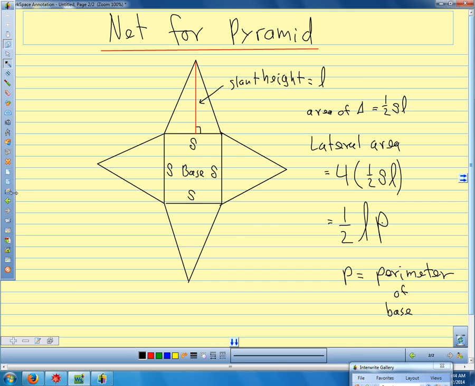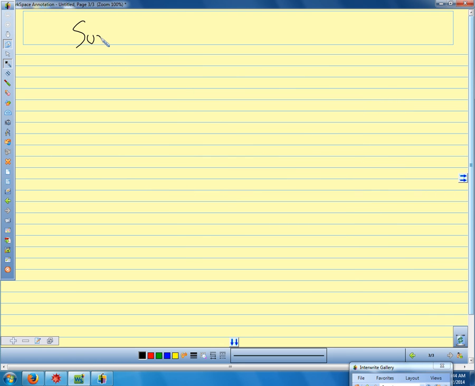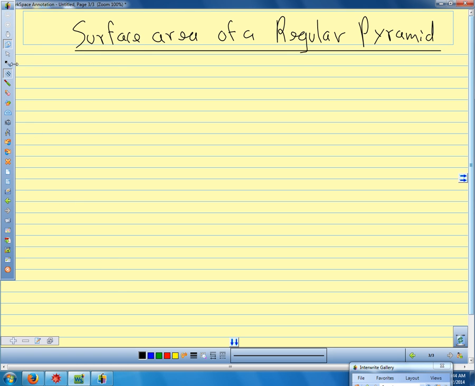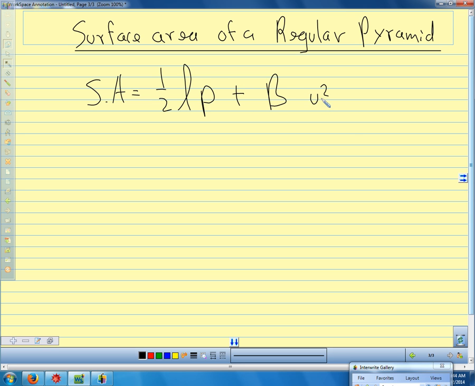So let's write our formula for our surface area of a regular pyramid. Unless it tells us otherwise, we're talking about a regular pyramid. So our surface area is going to be 1/2 LP plus B units squared.